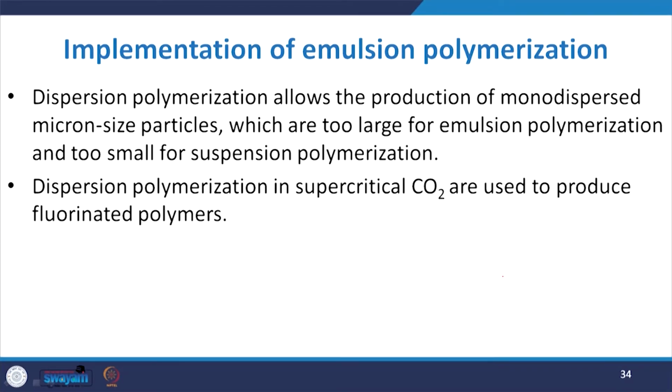Now, dispersion polymerization allows the production of monodispersed micron sized particles. They are too large for emulsion polymerization and sometimes too small for suspension polymerization. If you see the mass of those dispersion polymerizations, you will experience a haziness within the polymer mass.